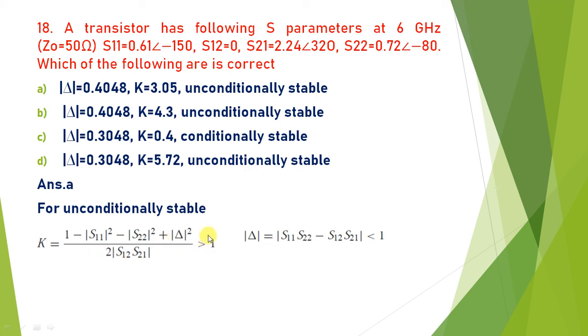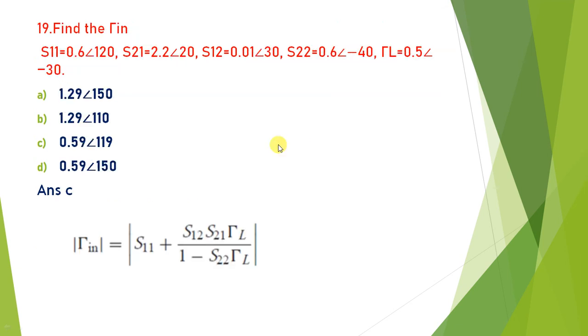But if K is less than 1 and delta is less than 1 or greater than 1, then it is conditionally unstable. So the answer is A. We are getting the value of delta as 0.4048 and K is equal to 3.05. So K is greater than 1 and delta is less than 1, so it is unconditionally stable.